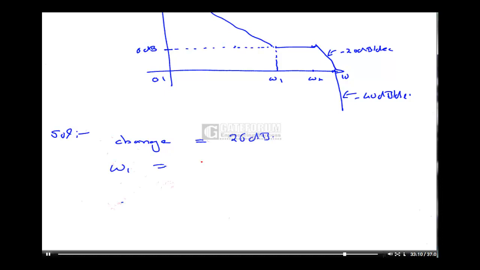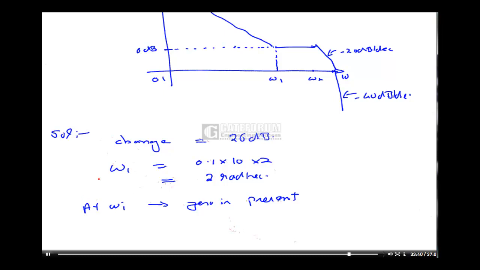Omega 1 will be 0.1 into 10 into 2, which is equal to 2 radians per second. At omega 1, there is a zero. This zero will make my slope 0 dB per decade.